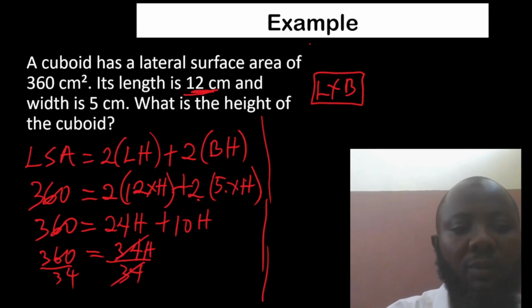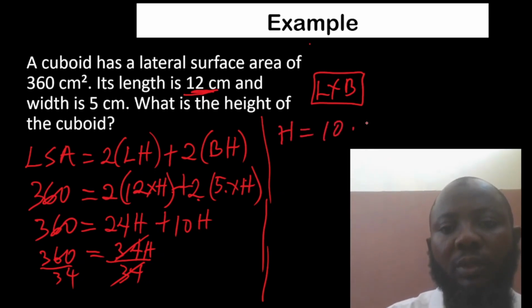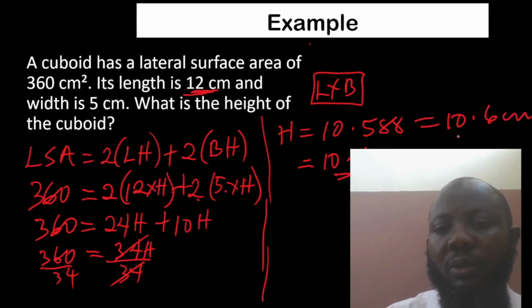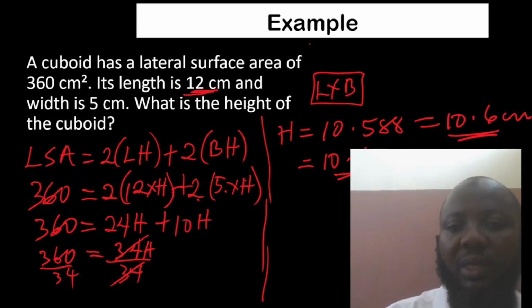So 360 divided by 34 gives us height 10.588, which means approximately 10.6 centimeters. I hope this is clear now. So that is that on cuboid.